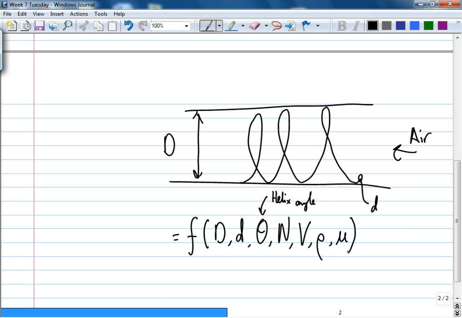What's the output parameter you worry about? Maybe some sort of mixing parameter, but since we don't know any measure of mixing, never mind. Maybe we are concerned about a vibration problem.